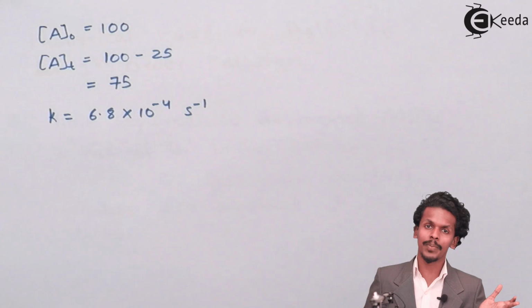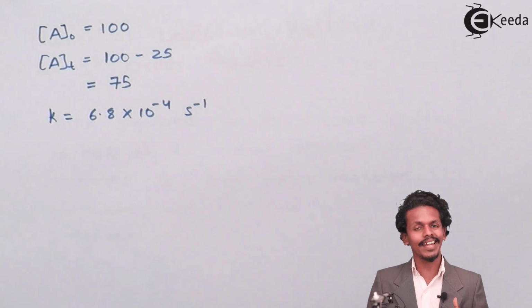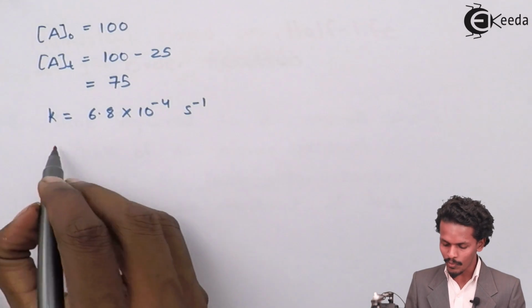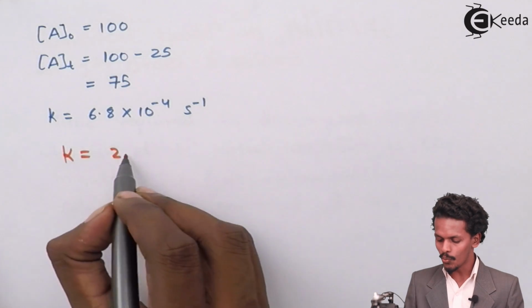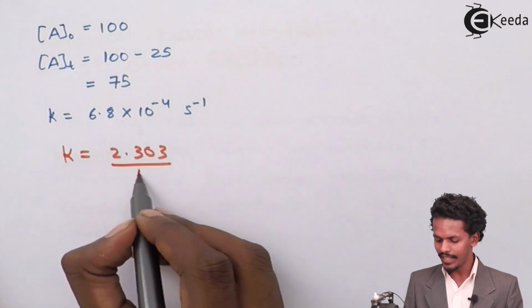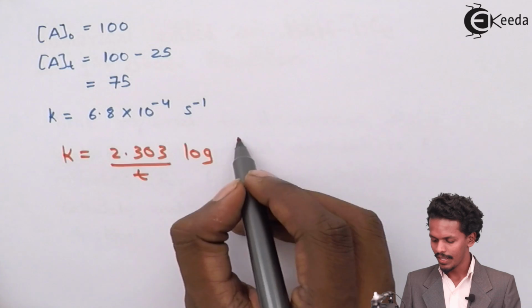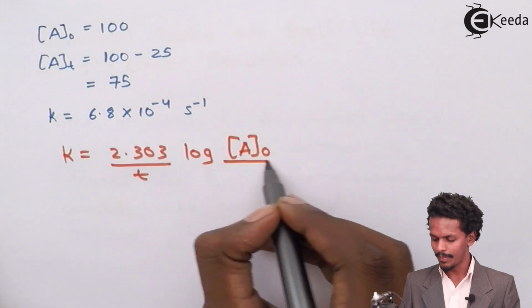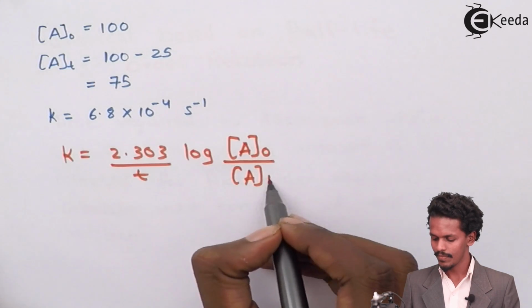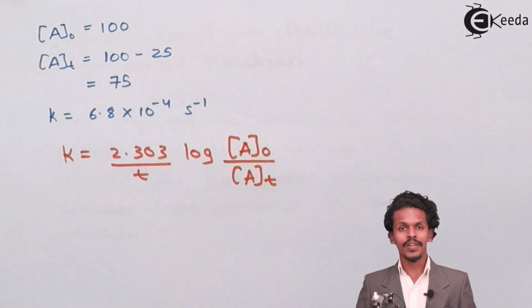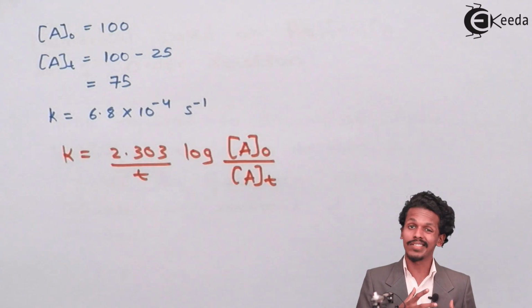The first numerical has been solved. Now we are solving the second one. In this case, again the formula would be the same, that is k is equals to 2.303 divided by t log of A0 divided by At. So we'll substitute the values and we would find the value of t.